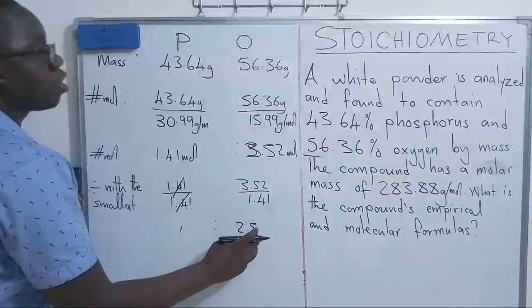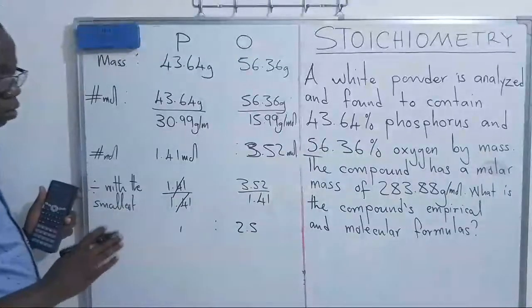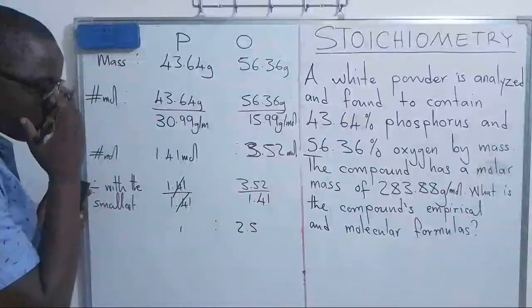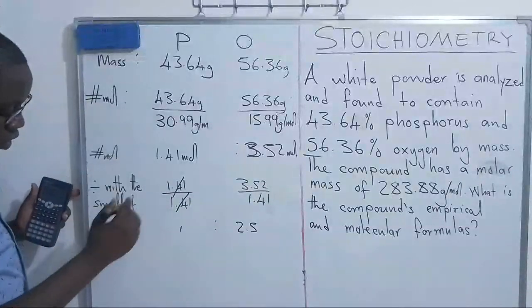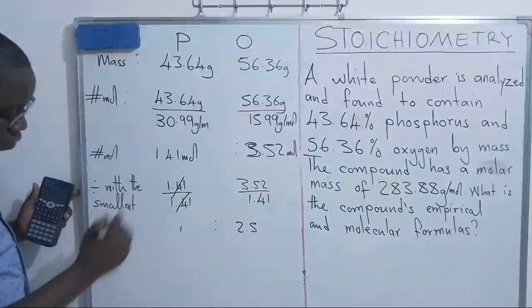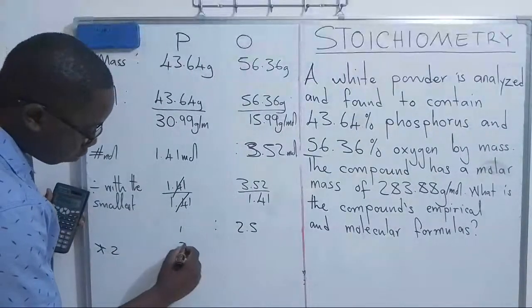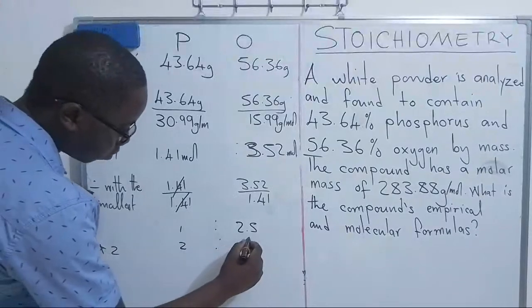Now these are not whole numbers, so we need to multiply them with a figure so that we can get whole numbers. If we multiply these by 2, you will find that you have 2 and 5.